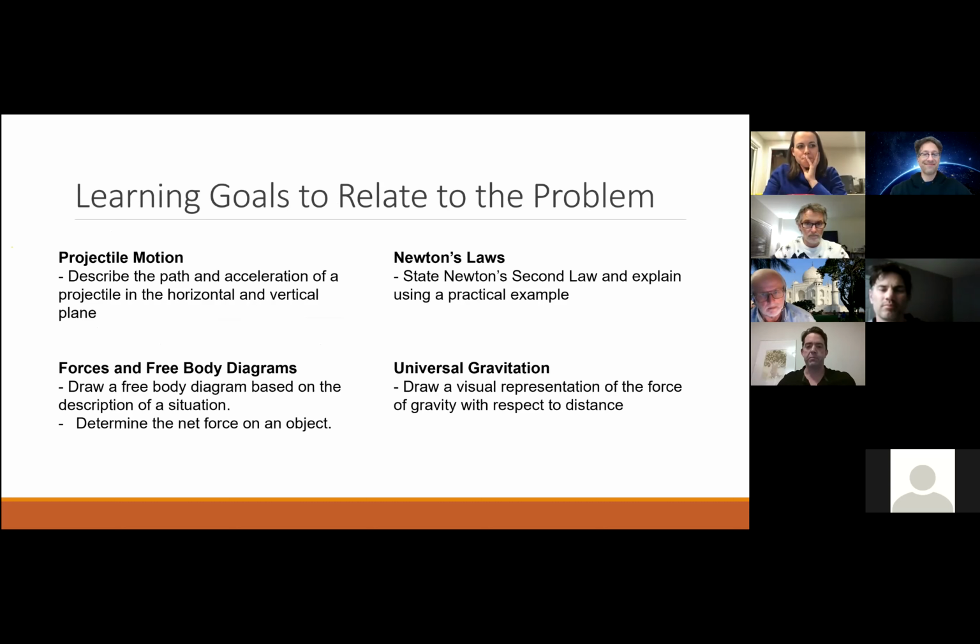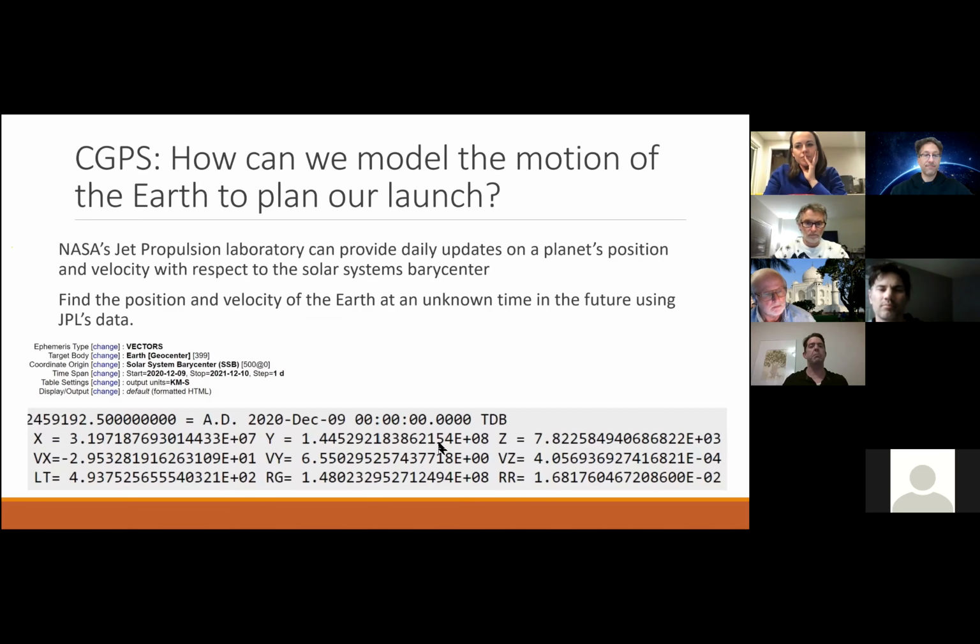And the task. The information that you see at the bottom is actually from NASA's Jet Propulsion Laboratory. Anyone can access their online database, and they will provide the coordinates in space and the velocities.